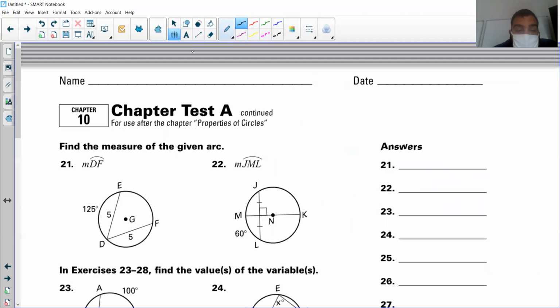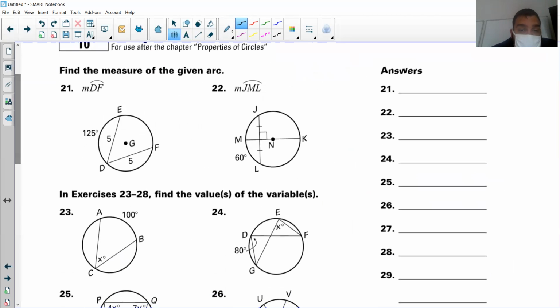Let's go to the next one. All right, couple rules about angles. First off, if you have the chord being the same, that means the arcs are the same. So if arc ED is 125 degrees, arc DF should also be 125 degrees. So that's your answer for this one. But let's say I asked you for this one, EF.